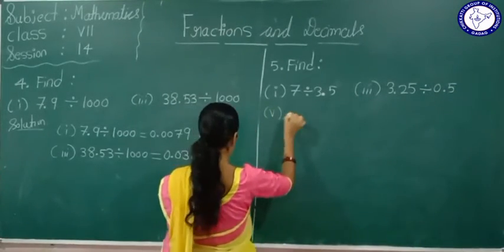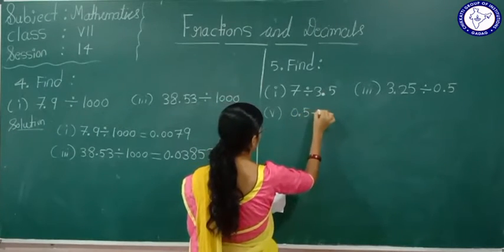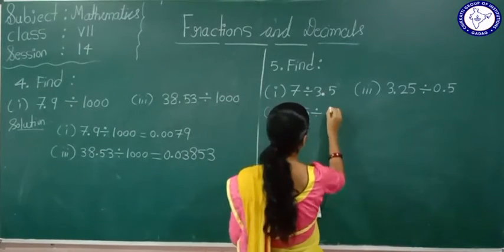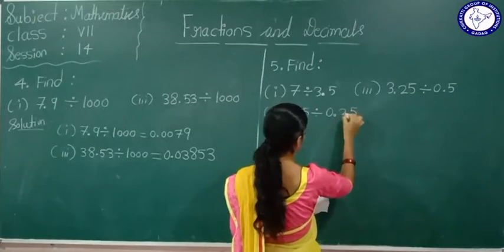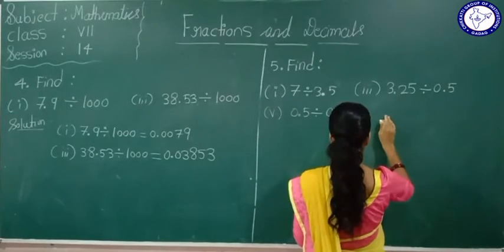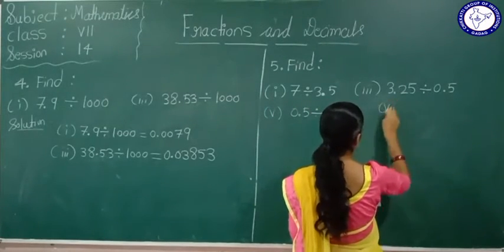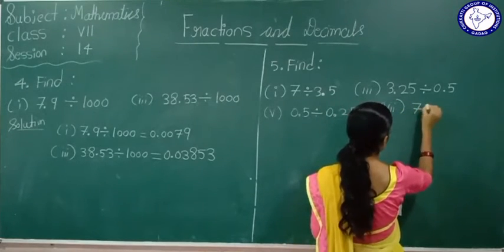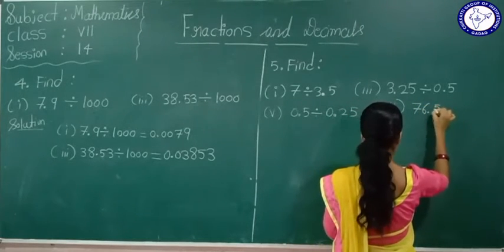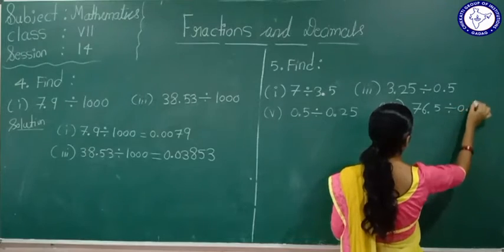Fifth one, 0.5 divided by 0.25. Seventh one, 76.5 divided by 0.15.